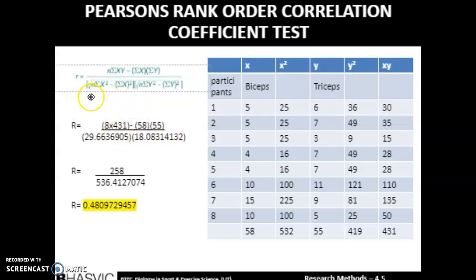This is square root of n, which is 8, the sum of x squared, which we worked out was 532, minus the sum of x, which is 58 squared, times the square root of n, which is 8, sum of y squared, which we found out was 419, minus the sum of y, 55 squared.